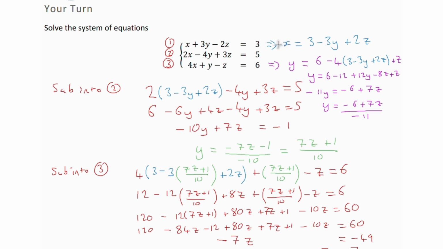Here the first route we used 1, subbing it into 2 to get this one, and then subbed into 3. Here we used 1, then subbed it into 2 to get this one, and then used a rearranged version of 3 to sub into 2. So we've used all three equations in both cases. It doesn't particularly matter which way you go. Likelihood is, though, you're going to end up with some fractions you have to deal with in this approach.